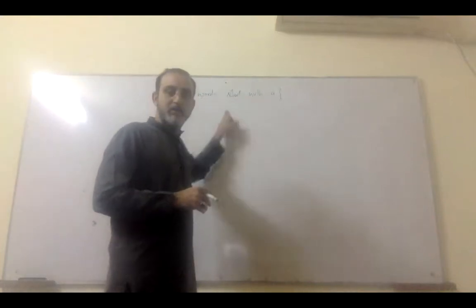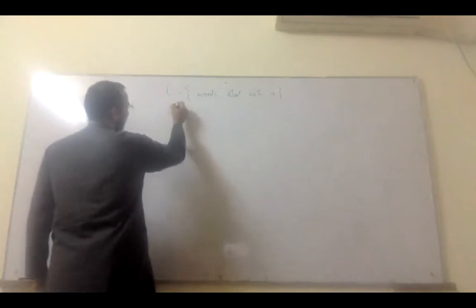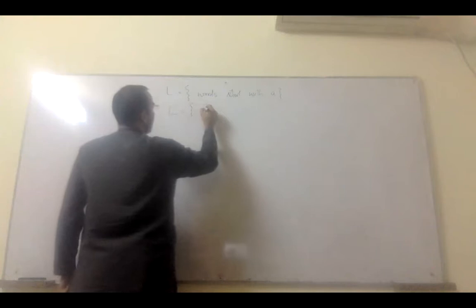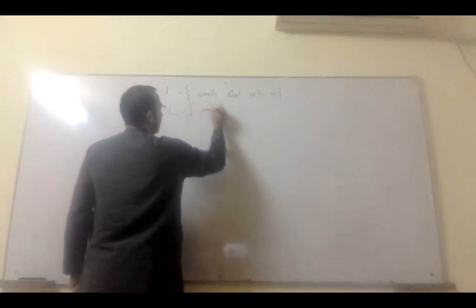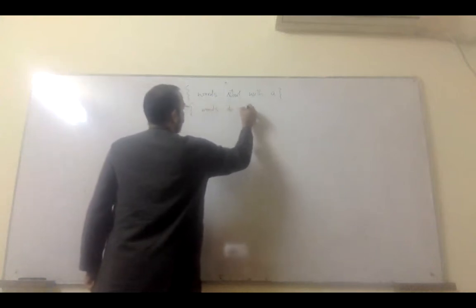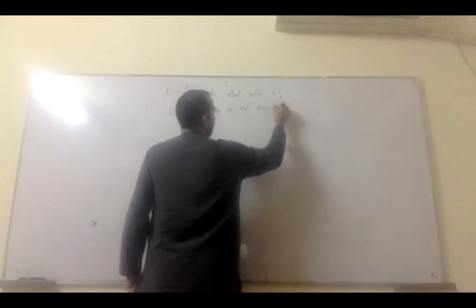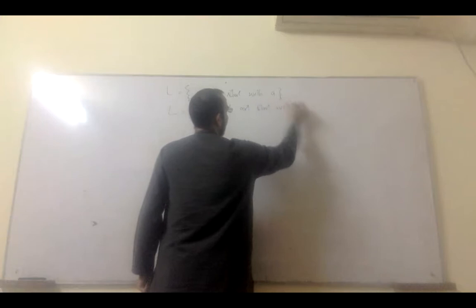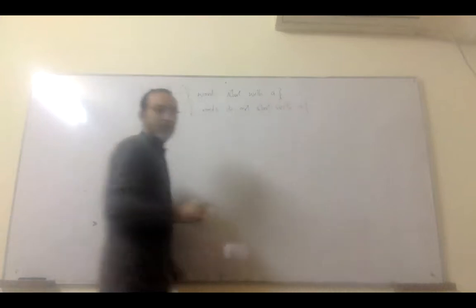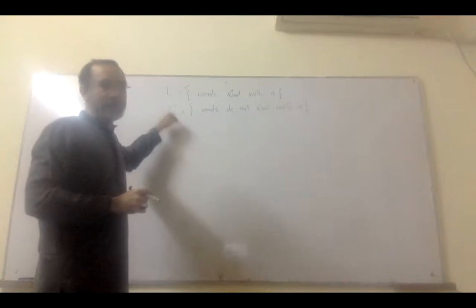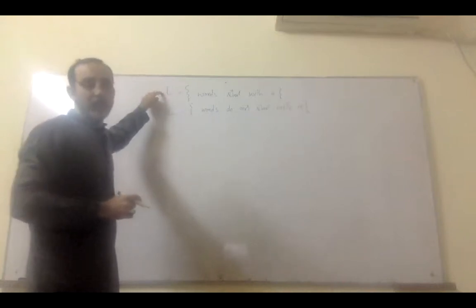So what is the opposite? Words start with A, words do not start with A. Complement is represented with a bar over it, and you can write words do not start with A. So this is basically the theoretical statement of the complement of this language L.